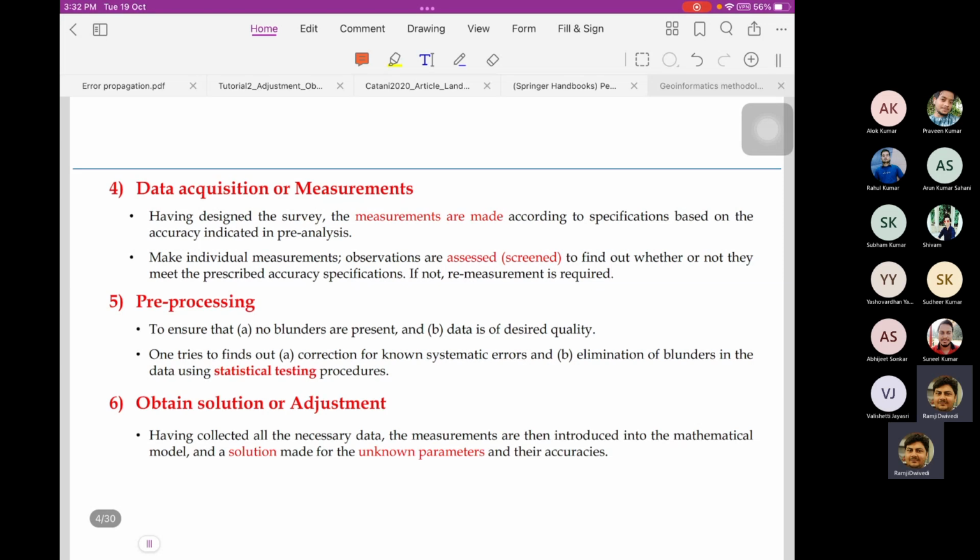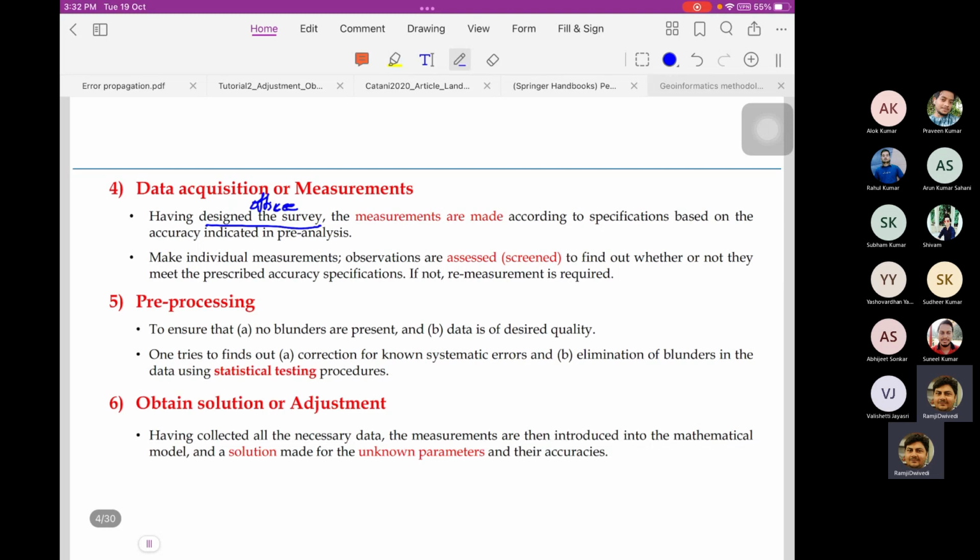So this design the survey task would come in the office. Once it is finalized who is going to take care of the total station, who is going to take care of GPS or other devices, the measurements are made according to the specifications based on accuracy indicated in the pre-analysis.